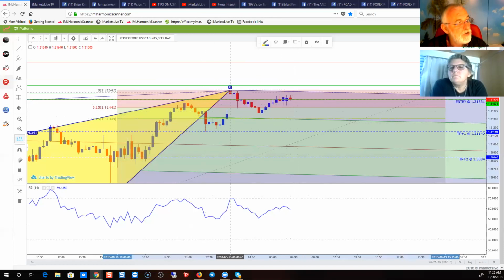But the probability after it leaves D, the probability that it will dance or go down and touch this median, this quarter. See this line here, the darker green is a quarter, and then that darker one there goes all the way back, that's the middle, and then there's another quarter, and then the bottom one further down, right?